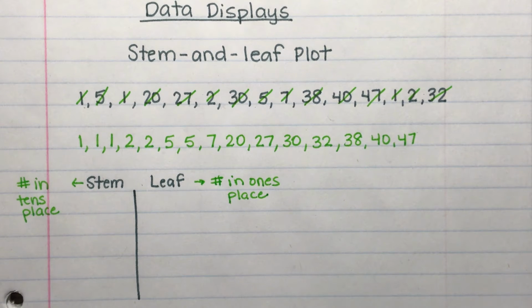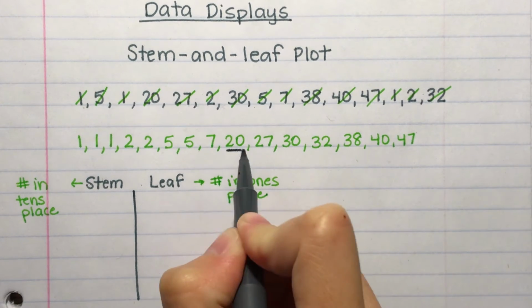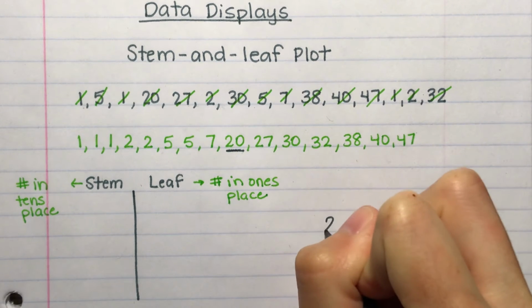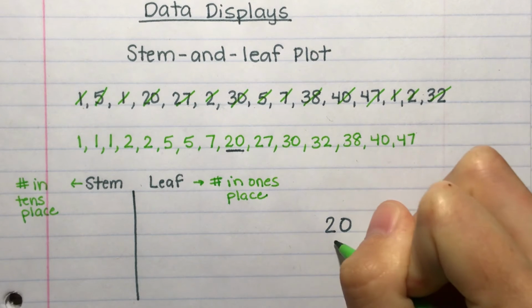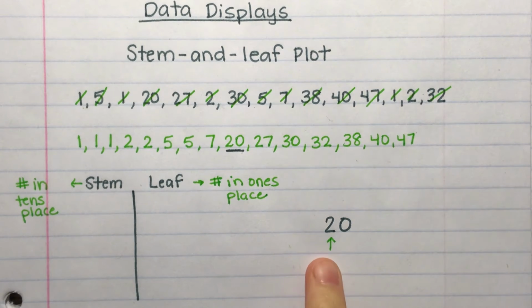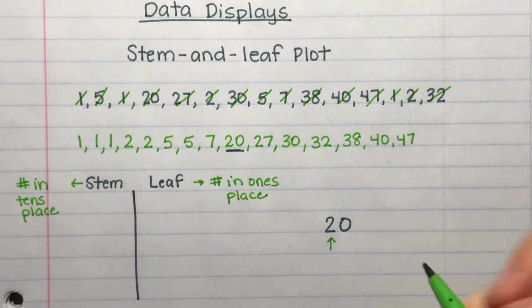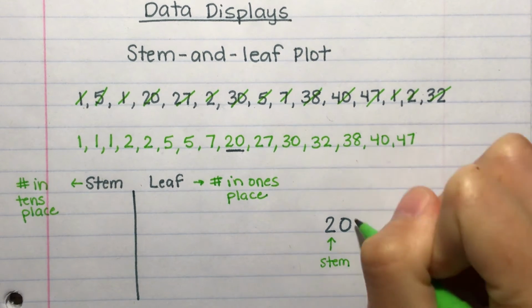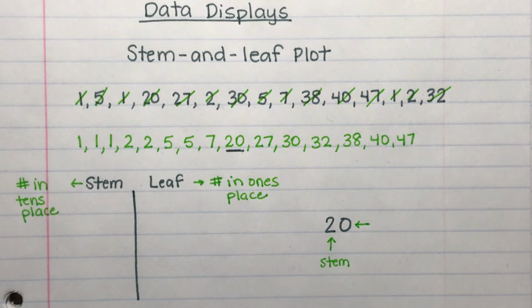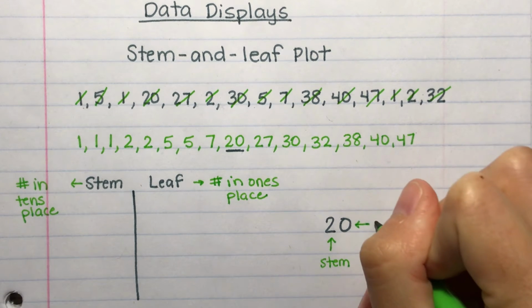So what this means is, let's say I pick a number from my list. Let's say I just take this guy. I'm going to put the number 20 down here just to show you as an example. Okay, so in the number 20, the number 2 is in the tens place, so that would be my stem. And the number in the ones place, that would be my leaf.